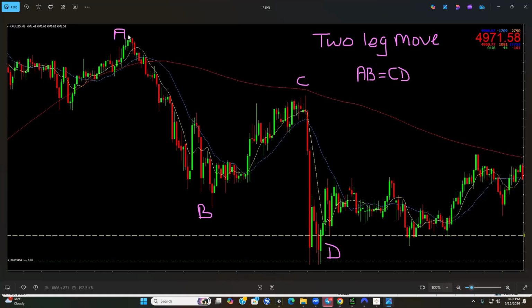But if it came from there all the way down, pulled back, and once it begins to drop again, giving you a second MPP, you know it's most likely a two-leg move. And what would you do? Bring out your crosshair and measure the distance from here to there, and know that the origin of the C, the origin of the second leg, is going to be all the way down.